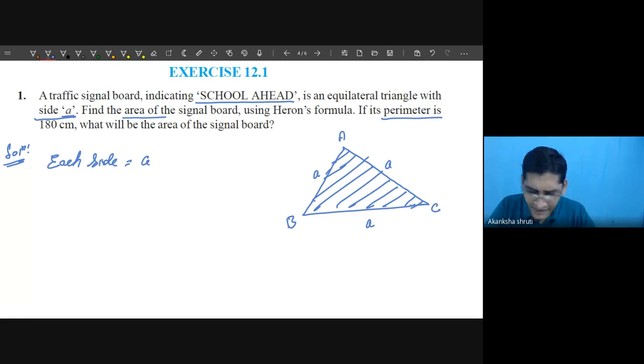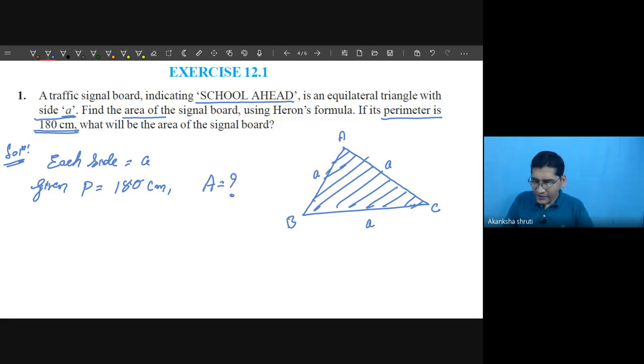Its perimeter is given as 180 centimeter. So be careful, what is given here? The other given thing is the perimeter P is 180 centimeter. Then find the area.